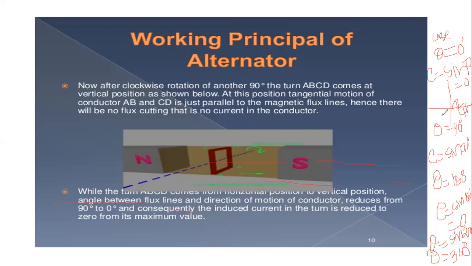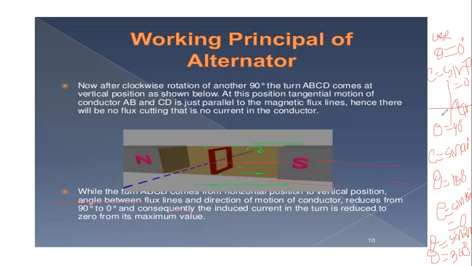That is the basic difference between the DC generator and the AC generator. The alternator is also called the AC generator. The working principle of the alternator is Faraday's laws of electromagnetic induction, similarly to the DC generator.